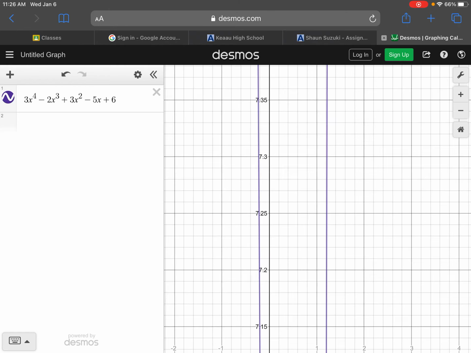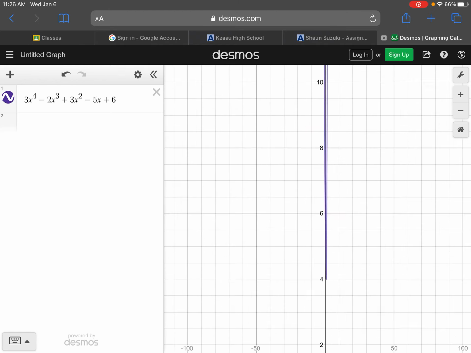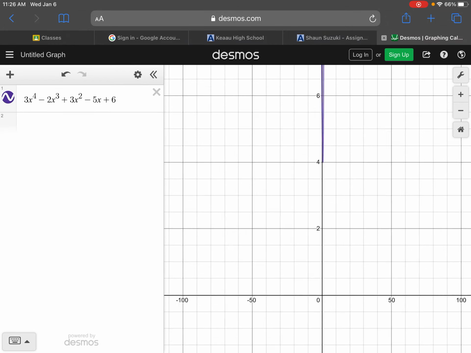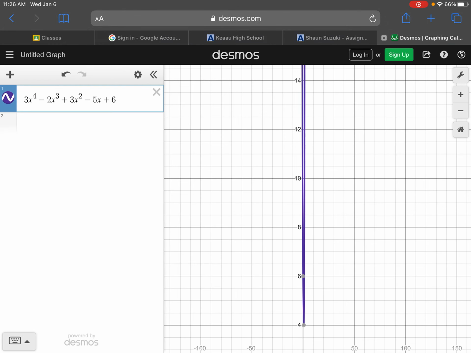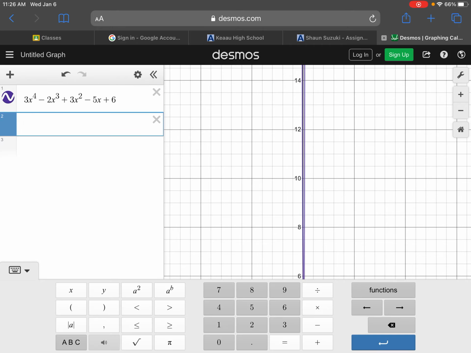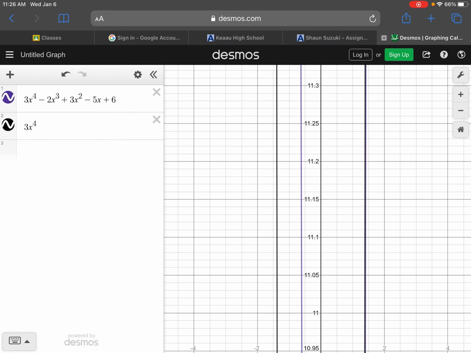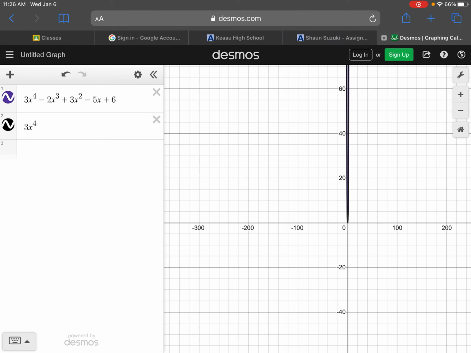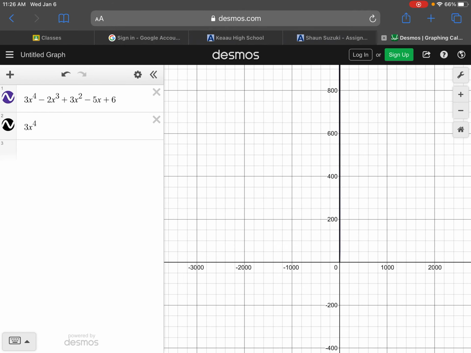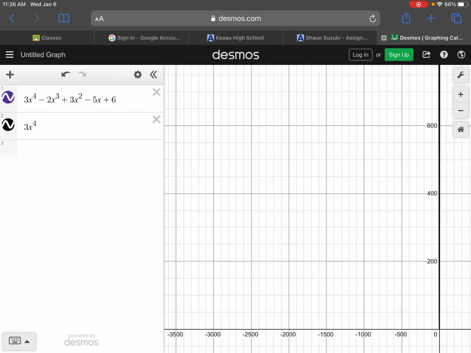It's hard to see, but it's very narrow. What they're saying is that if we just do 3x to the fourth, even though the middle parts don't match up, the end behaviors are exactly the same. It's hard to see this one, but if we pull this out all the way to the end, the end behaviors are pretty much the same.